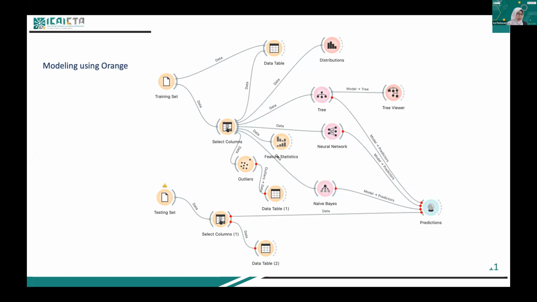Then we can make our prediction about whether the baby will be stunted or not. But this is preliminary modeling, because our focus is to see and to produce a data set that is good enough for the next stage in the machine learning project.